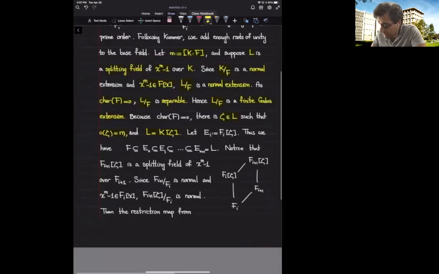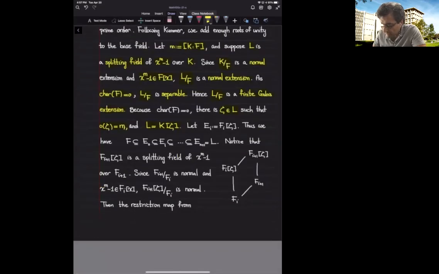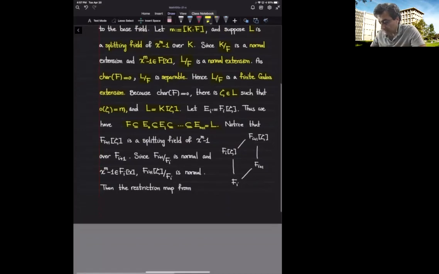So altogether, we end up getting this tower of intermediate subfields. F is contained inside E0, which is contained inside E1, and we continue like that.